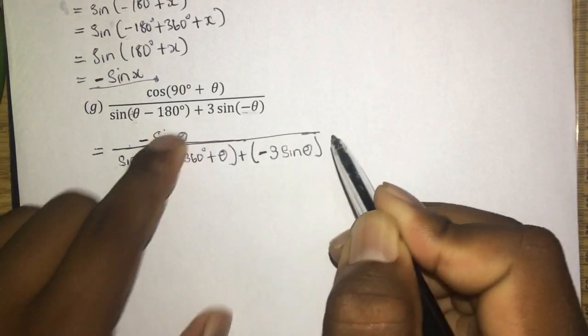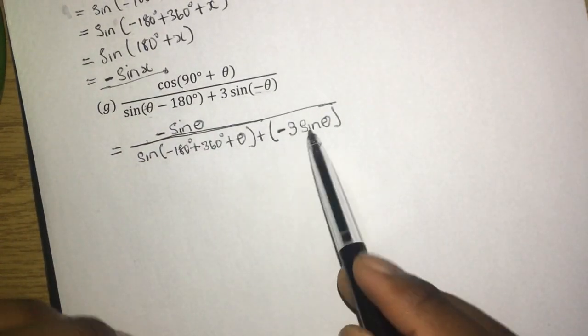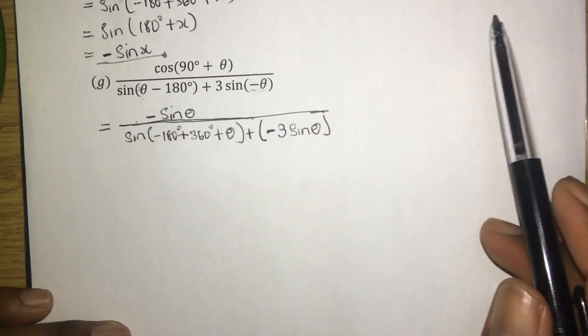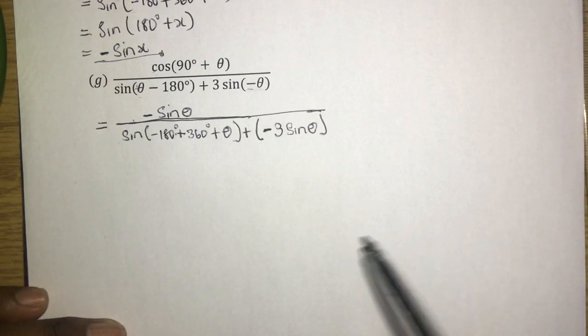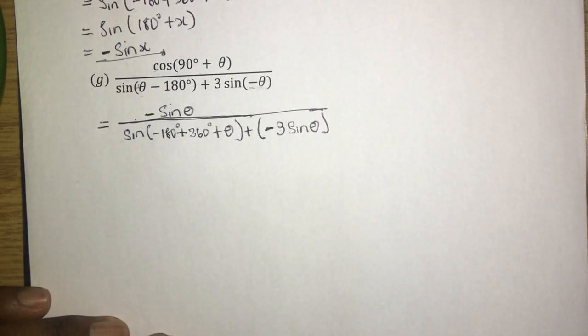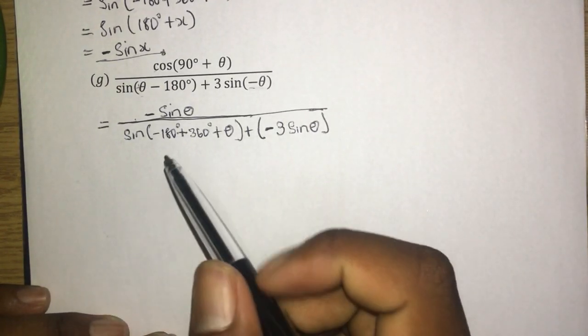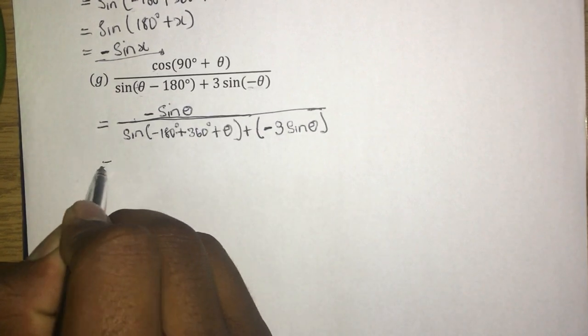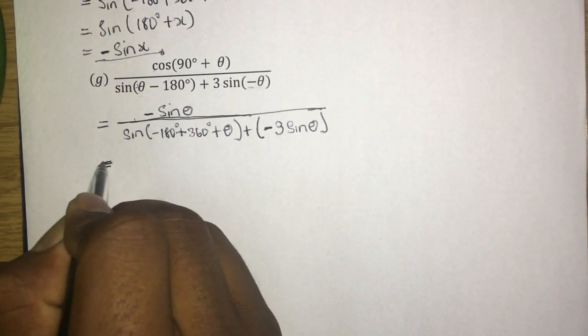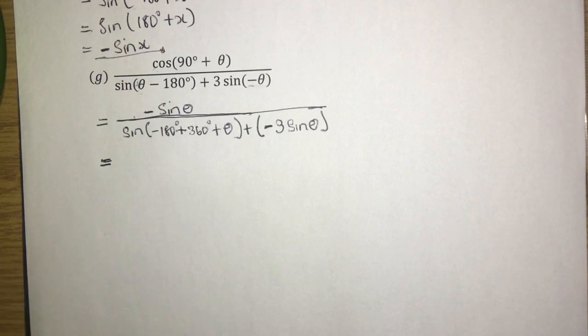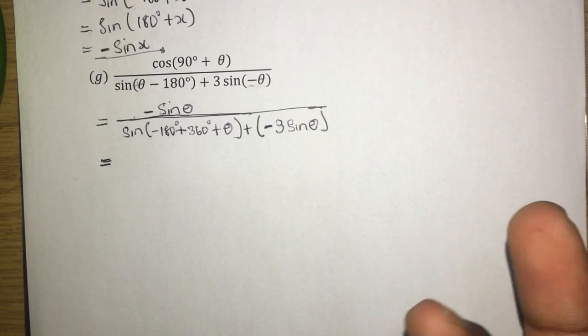Do you see that? But if it was cos, it will not change. It will just be positive cos. I hope this strategy is helping you, and everything is making sense.